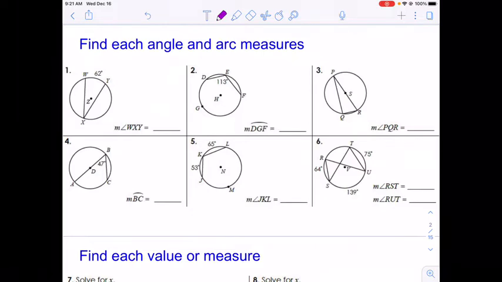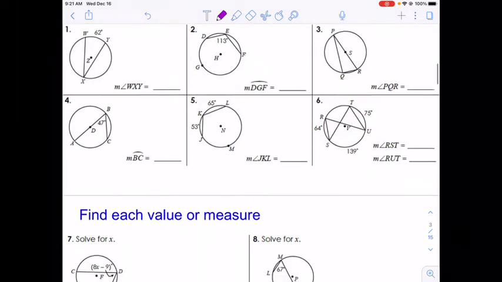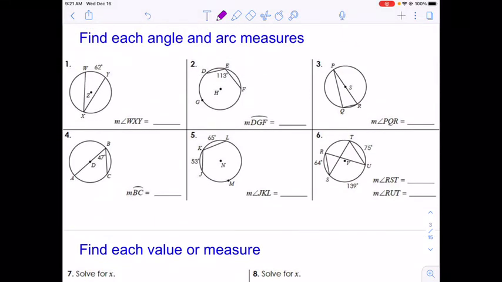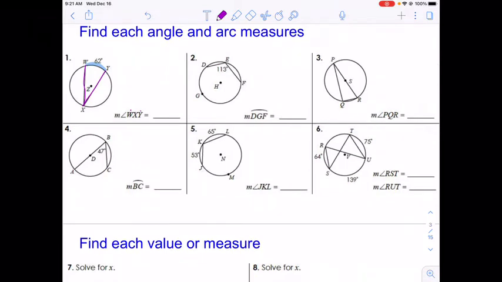All right, so let's look at some of these and go through how to solve them. Here we're looking for the measure of angle WXY. You can follow this with your fingers; you don't have to draw these. I'm just showing you this is the angle here. The arc that it intercepts is going to be this one, WY, which you'll notice from the endpoints of this angle. So if this is 62, the angle is half of it.